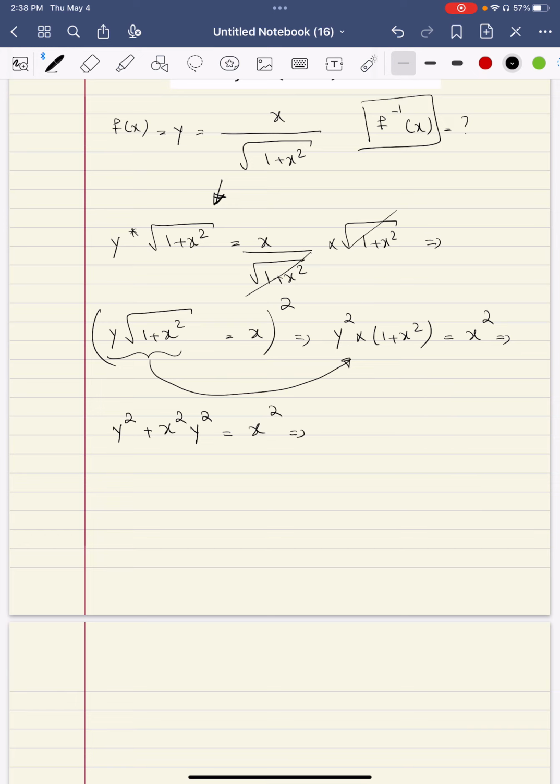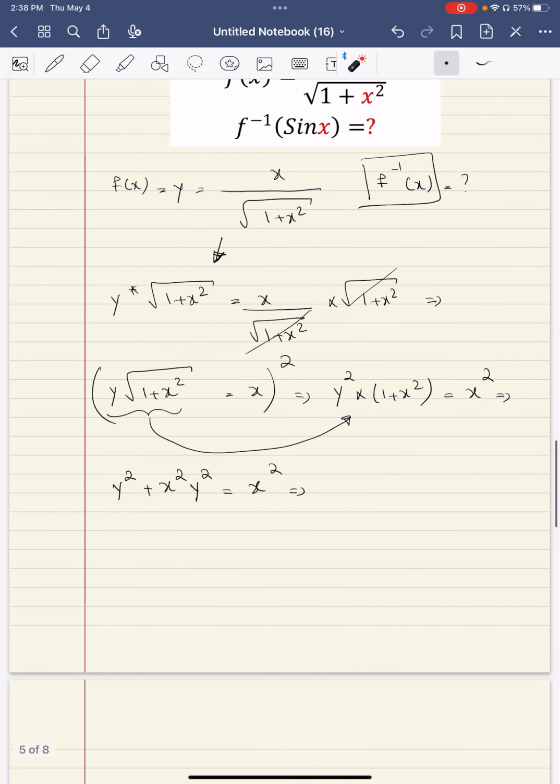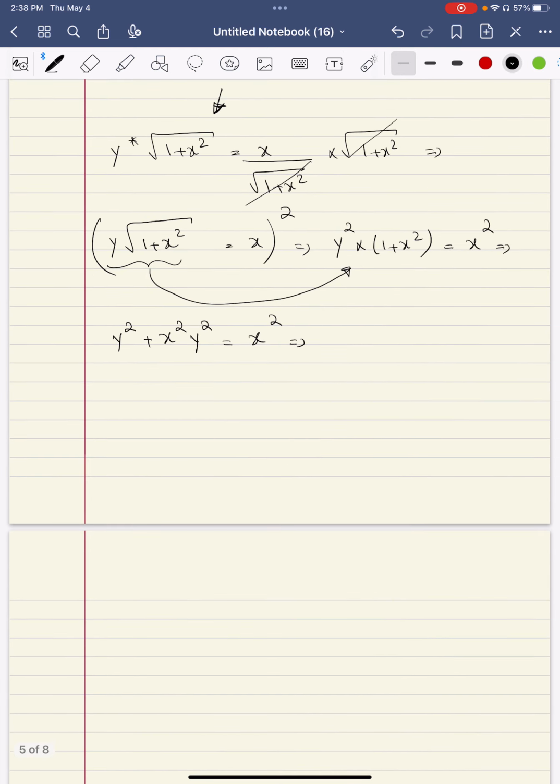So again, we have to find x equal to a function of y. So the x's should go to one side of the equation. I'm going to tell you how. We will keep x's in one single side of the equation.